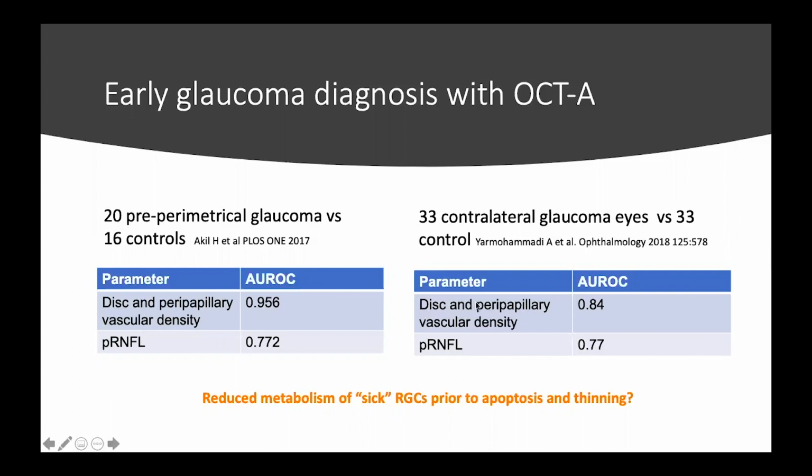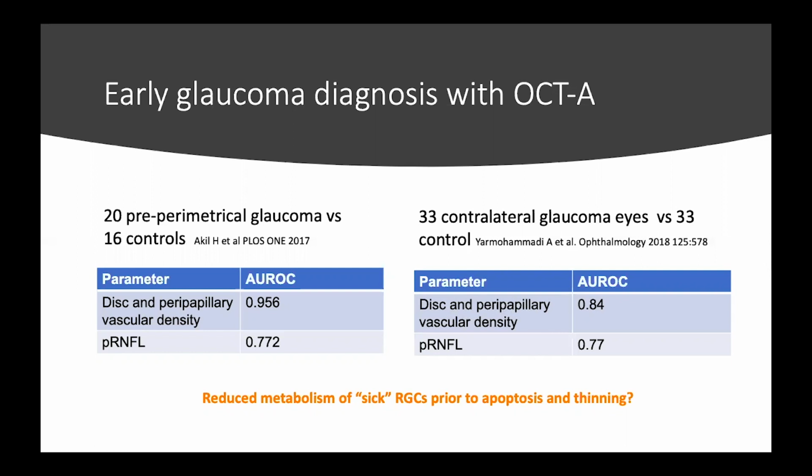This was also found in a different study with 33 eyes, in the contralateral eyes of the other eye being glaucomatous, and controls, and they found again that the OCT-A around the disc and in the disc could detect early glaucoma with better outcomes compared to structure.